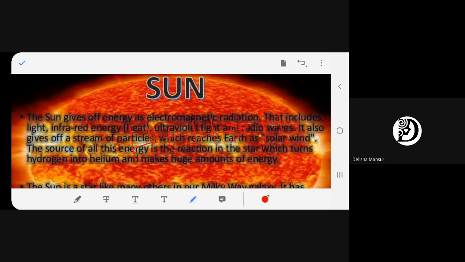So it becomes helium. When it becomes helium, lots of energy is produced by the nuclear fusion of hydrogen atoms, and that's the energy we get from the sun. So we are getting a huge amount of energy when there is nuclear fusion of hydrogen to form helium. Do you understand?